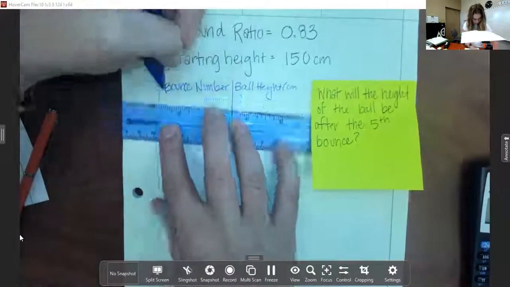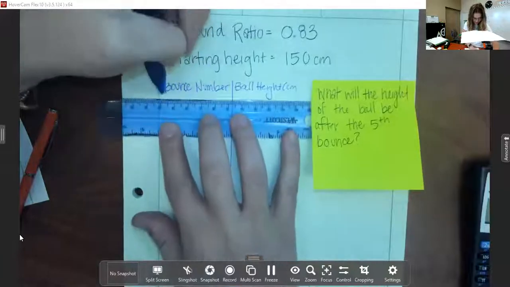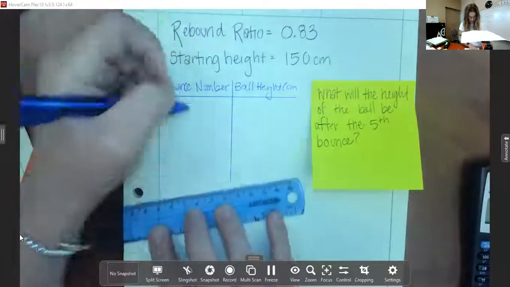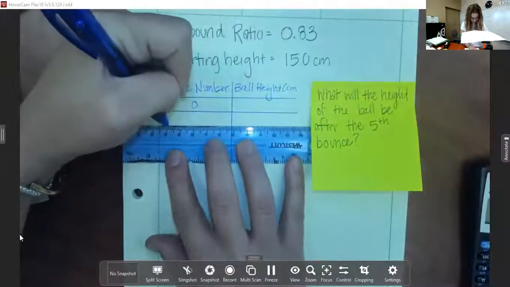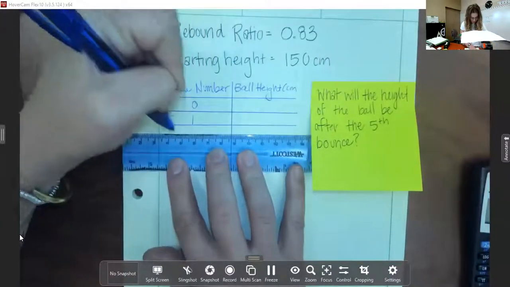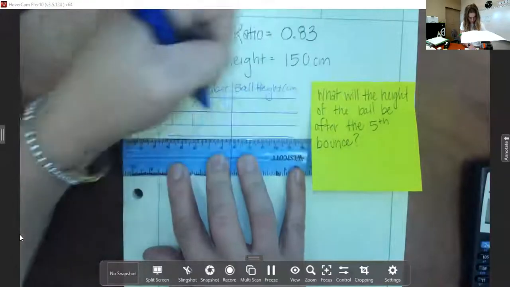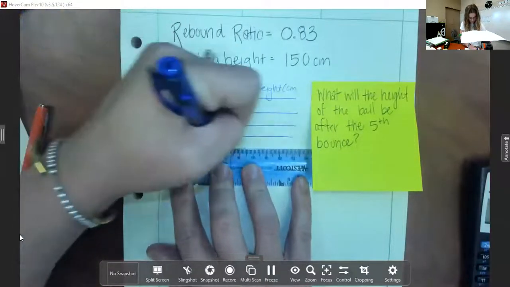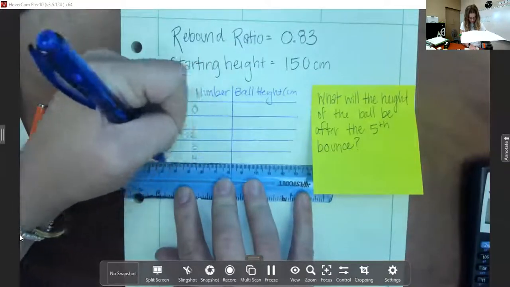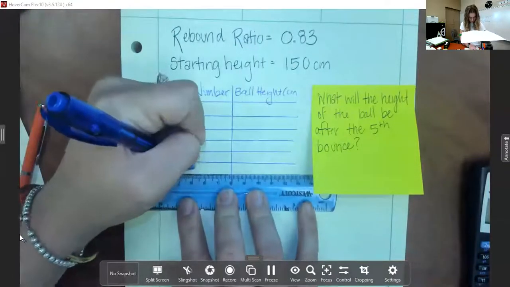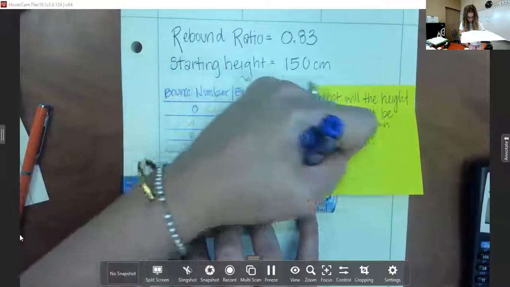All right, I need to get to the fifth bounce. I know that from the question. So my table needs to start at 0 and continue through 5. Crooked lines, but crookedly straight lines.